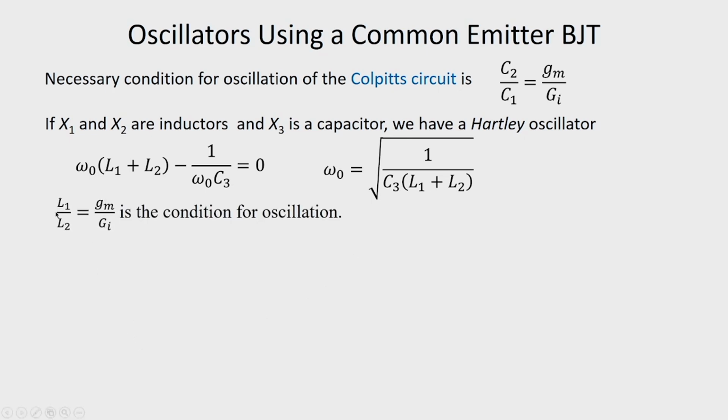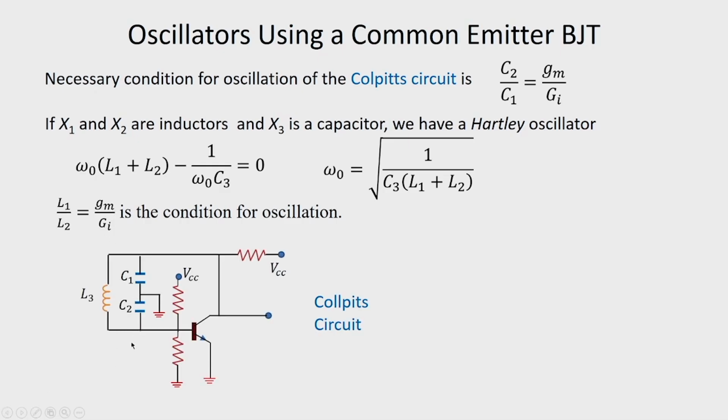Again, from the relation x1 is equal to Gm by Gi x2, we can find that the condition for oscillation for the Hartley oscillator circuit is L1 by L2 is equal to Gm by Gi.